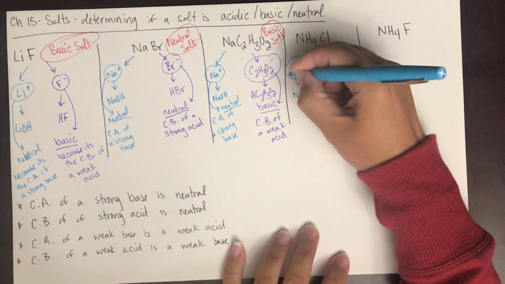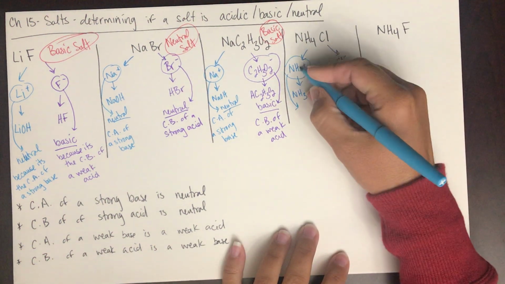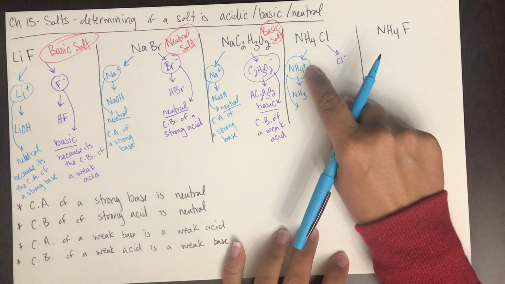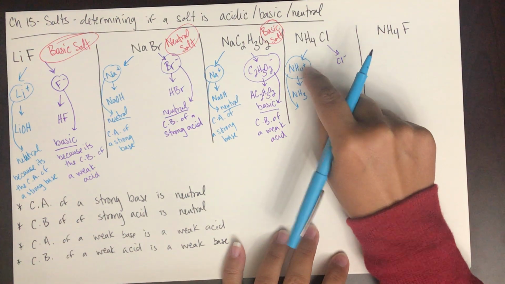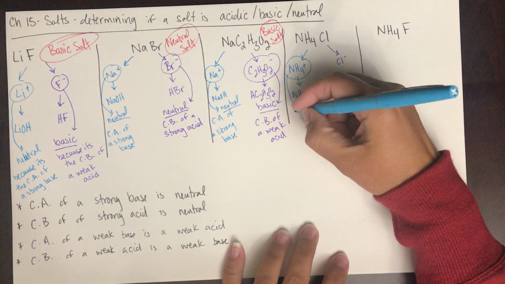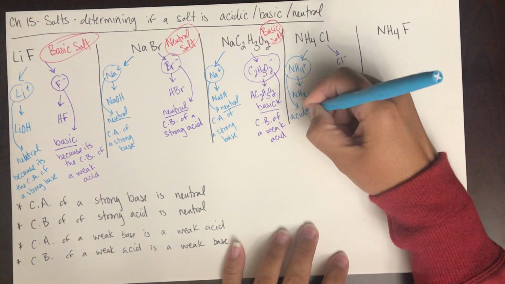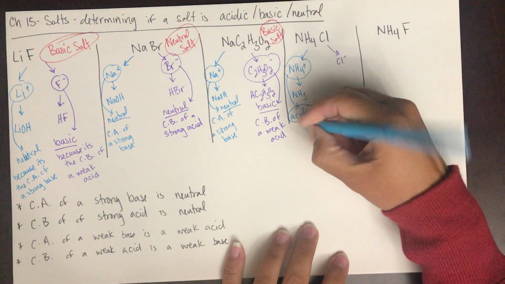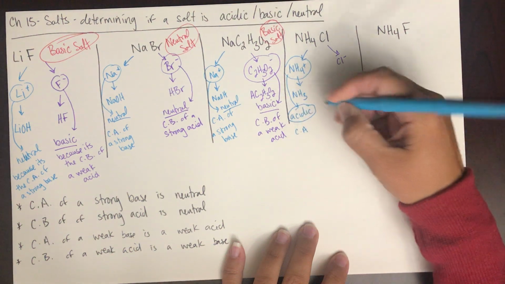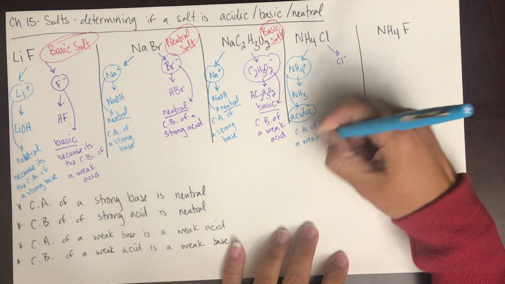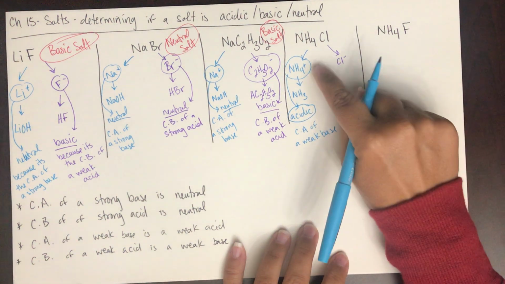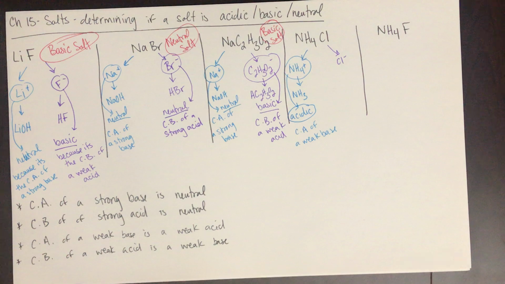So that means if ammonia is a weak base, then ammonium, this is the ammonium ion, this is ammonia, the ammonium ion is acidic because it is the conjugate acid of a weak base. So that makes the ammonium ion acidic.